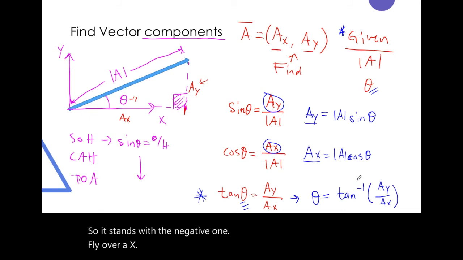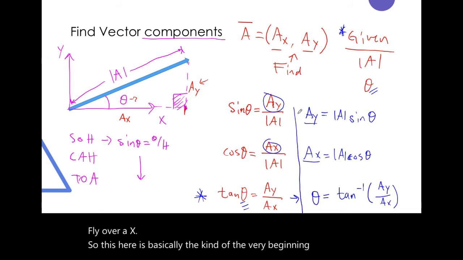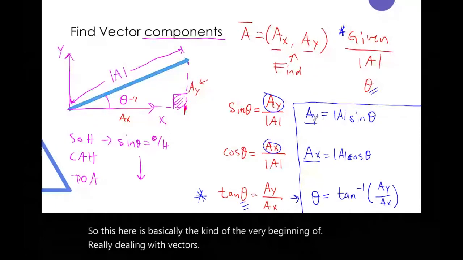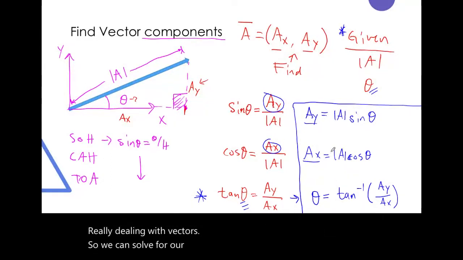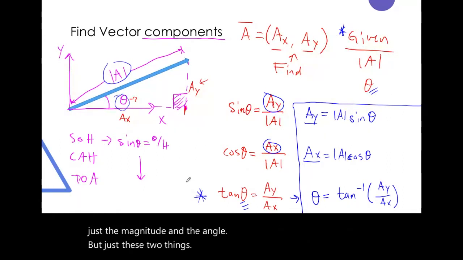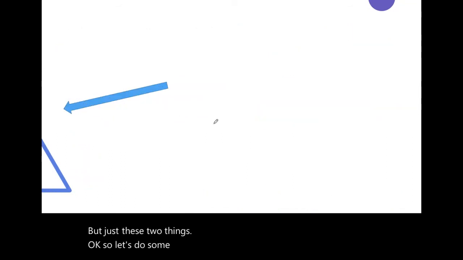Okay, so this here is basically the very beginning of really dealing with vectors. We can solve for our y component and our x component with just the magnitude and the angle, just these two things. Okay, so let's do some examples then. Let's see what we got here. So let's start with this.